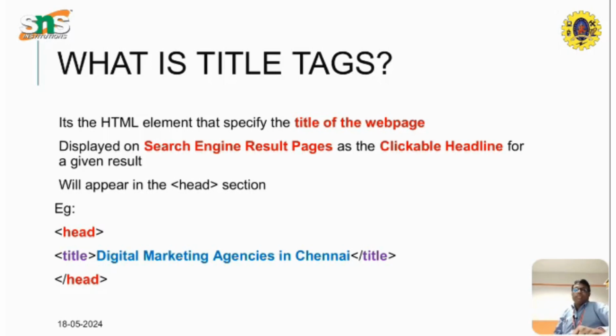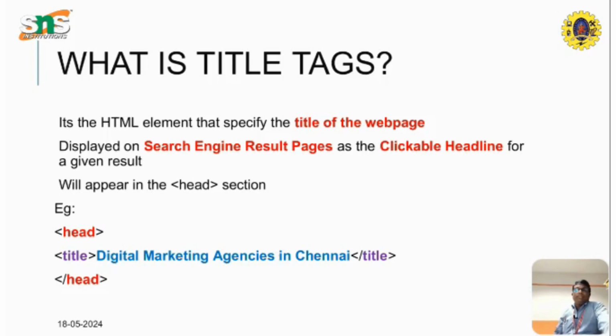For example, in our case, we specified in this example, this is a heading actually. In this head, the title is Digital Marketing Agencies in Chennai. So this information only is going to be displayed as the title of our web page. The other codings are not displayed when we run this website. Okay, clear?